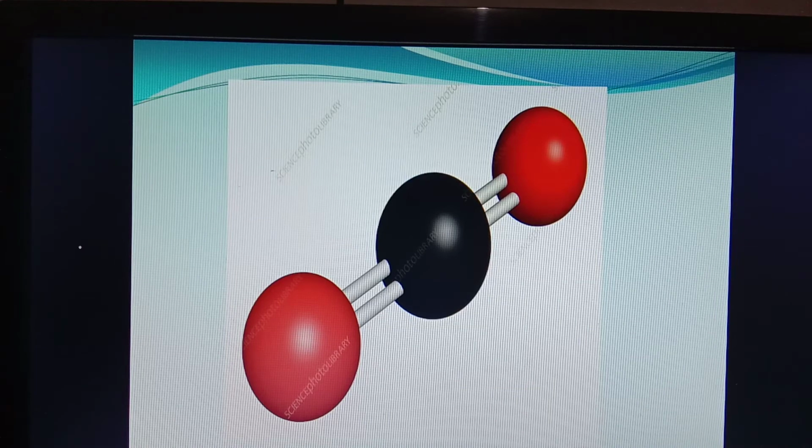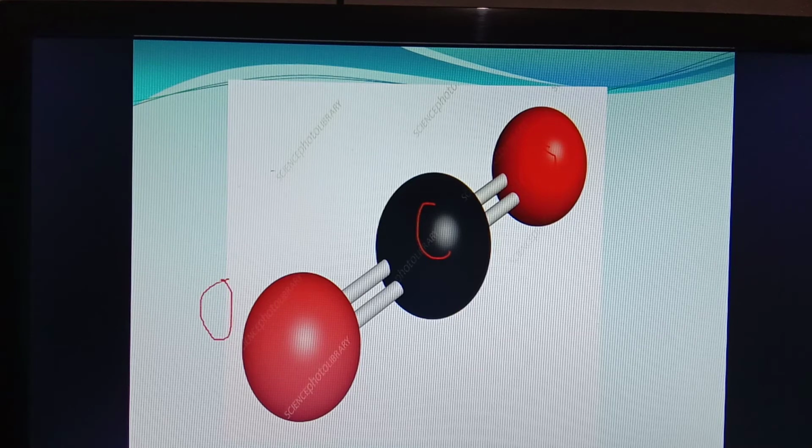Now this is carbon dioxide molecule. Here this is carbon. And this is oxygen. This is also oxygen. Fine. Now here you can see 2 bonds are there. This side also and this side also. So carbon can form how many? 1, 2, 3 and 4 bonds.